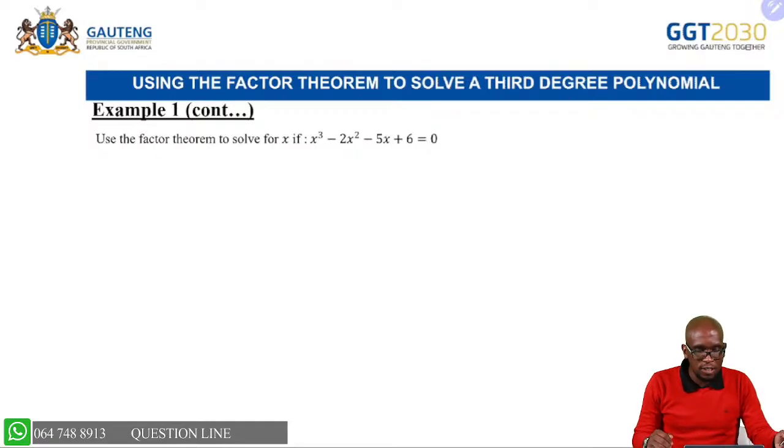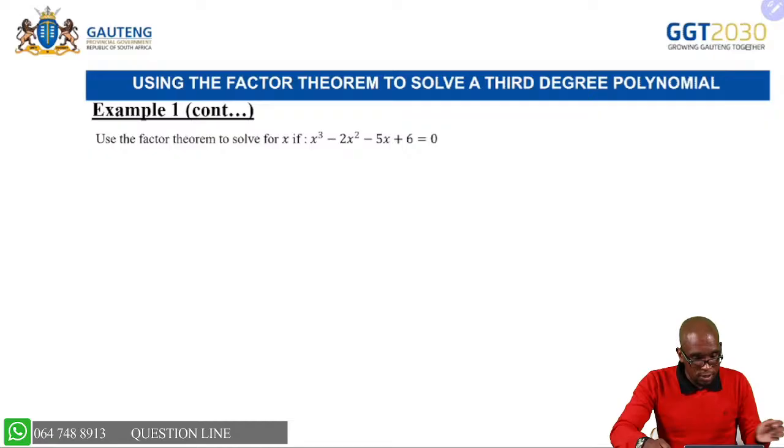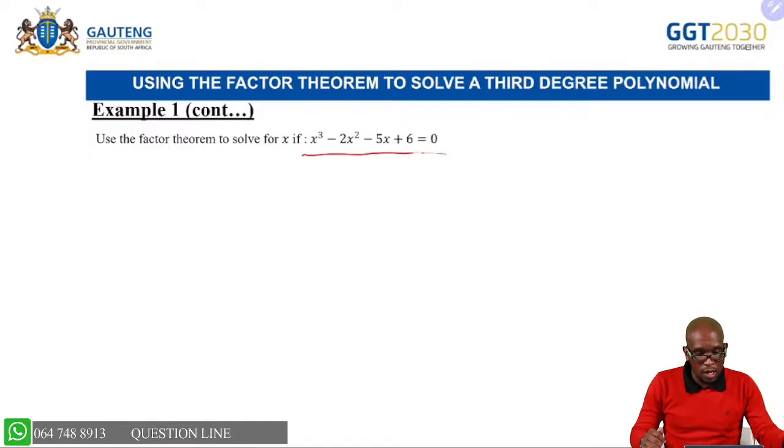Now, using a factor theorem to solve a third degree polynomial, we want to use a factor theorem to solve this polynomial. I'm just going to run quickly through this. The first thing that we need to do here, we want to solve for x and we have a third degree function or polynomial in this case. We use the factor theorem. So we should, by trial and error, try to find the factor.